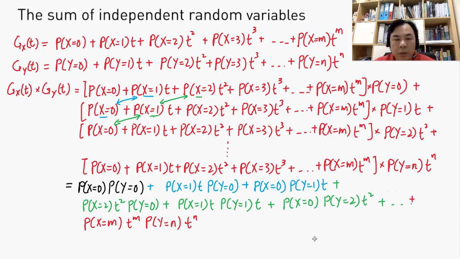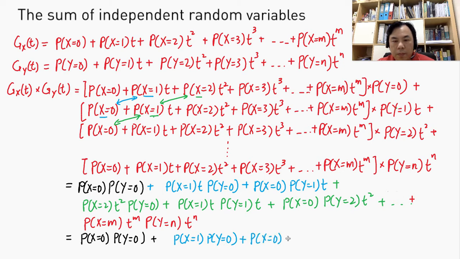Now, after that, I'm going to rewrite it neatly this time so that you can see it more clearly. So I'm going to use the same color pattern here so that you can recognize the term. All right, so that's the first term. And then for the blue one, we can rearrange it in such a way that it looks something like this. You can see that there's a t. And then next we have the green one.